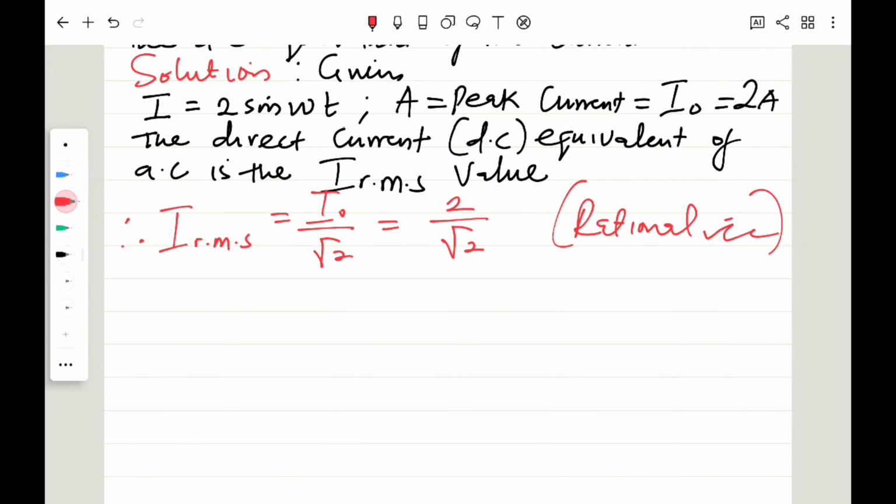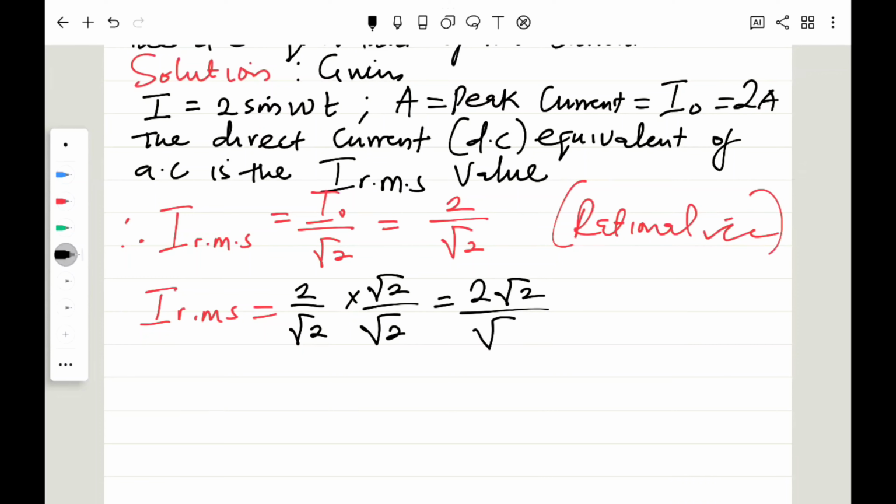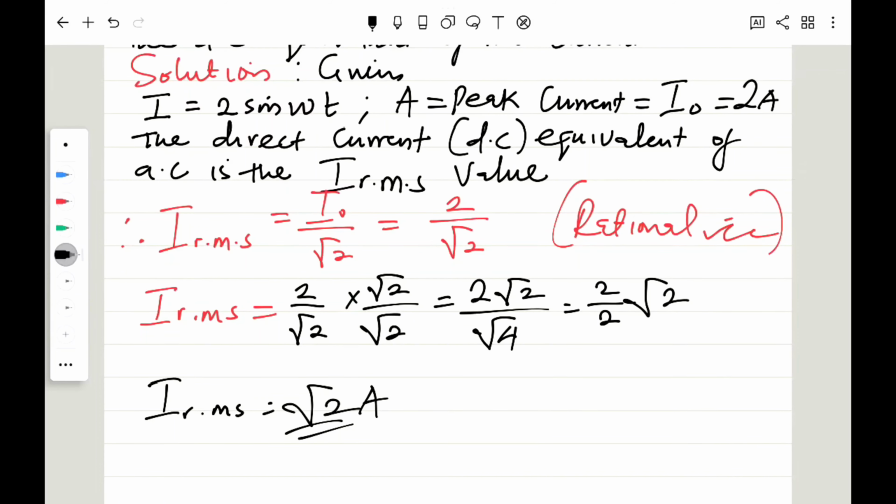You multiply both the numerator and the denominator by root 2. So I root mean squared is equal to 2 over root 2 times root 2 over root 2. So that you have 2 root 2 over root 4. And then we'll have 2 over 2 times root 2. So 2 cancels out 2. I root mean square is equal to root 2. That gives us our final answer.